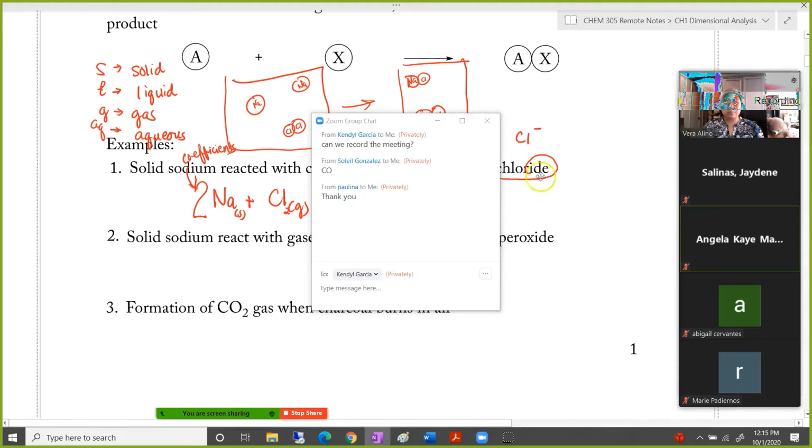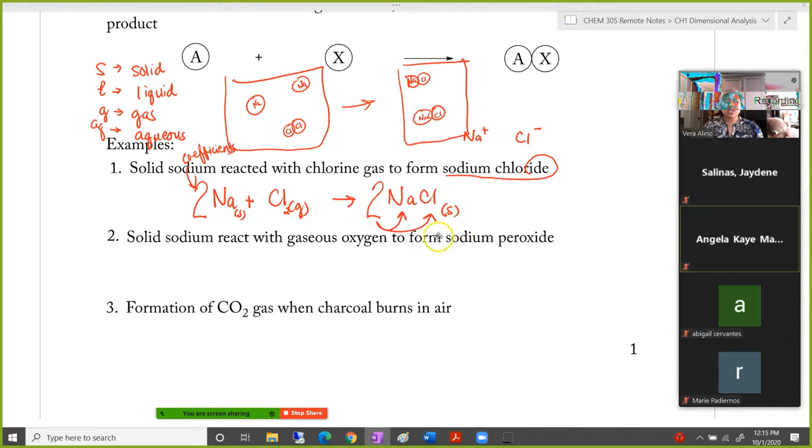Notice that I could put 1 in here to indicate that there's 1 chlorine molecule. But in chemistry, when you have 1 of that particular substance, you don't have to write the number 1. It's just messy.